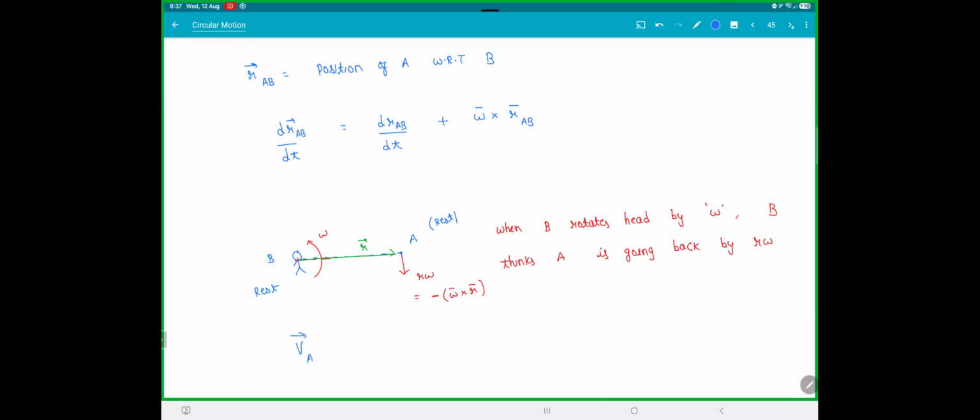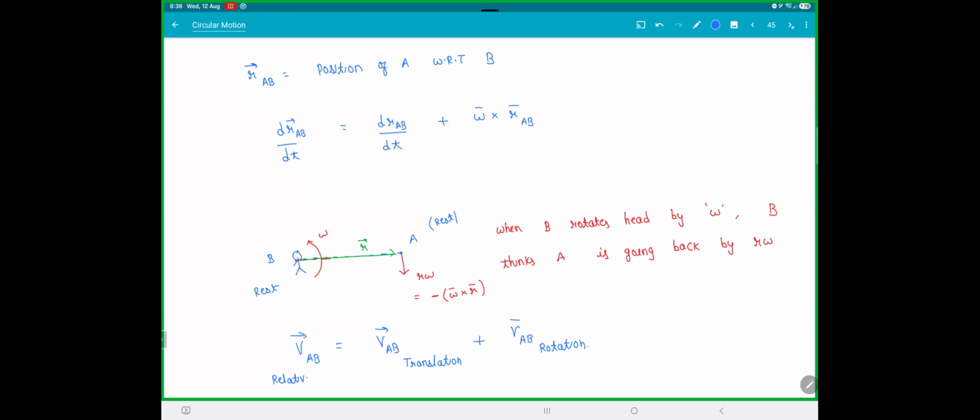So this is how we can write it. When you say V_AB, there are actually two components: V_AB translation, which is what we have been doing so far, plus V_AB rotation. So there are two components of relative velocity.